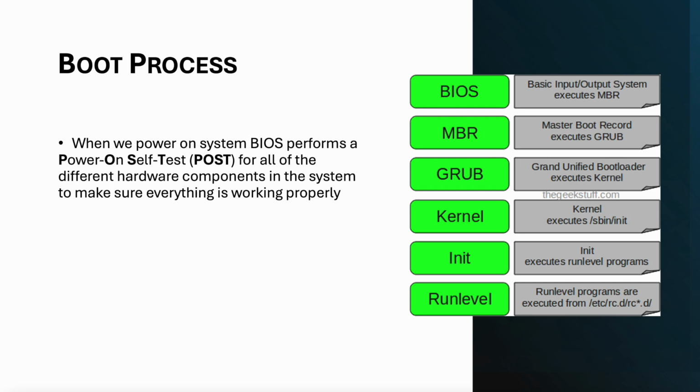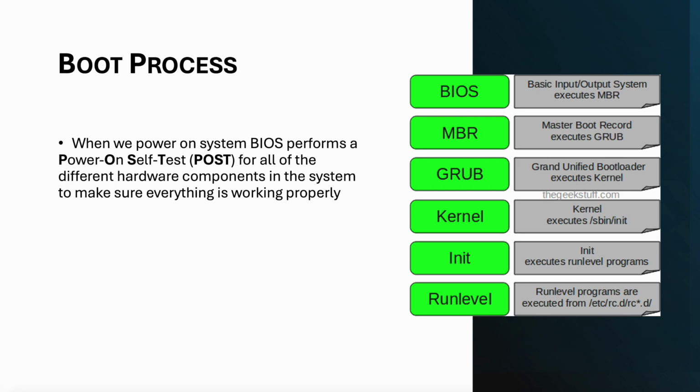Third step of the boot process is GRUB. It stands for Grand Unified Bootloader. If we have multiple kernel images installed in our system, we can choose which one is to be executed. GRUB displays a splash screen and waits for a few seconds. If we do not enter anything, it loads the default kernel image as specified in the GRUB configuration file.